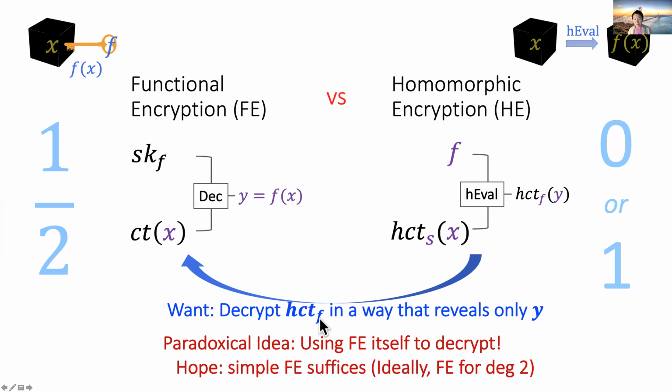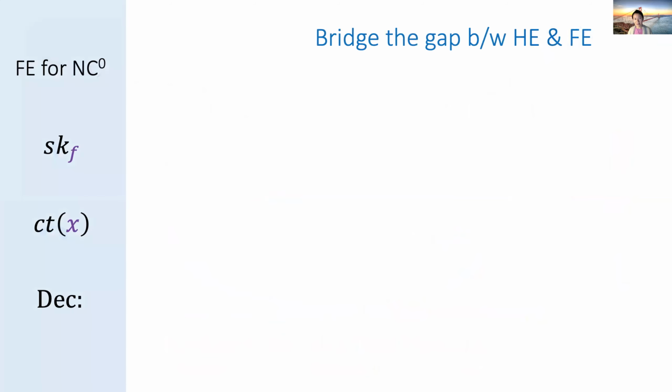And ideally, if we could do decryption using just degree 2 polynomials, then we would be done because we know how to construct FE for degree 2 polynomials using standard bilinear pairing groups. Okay, so with this hope, let's now delve into it and try to get more precise.